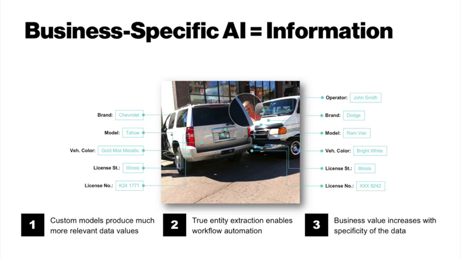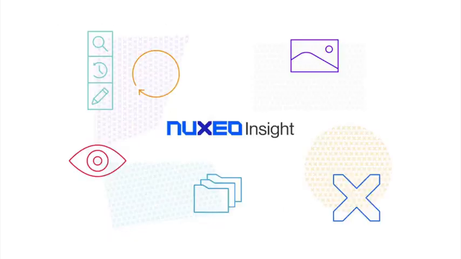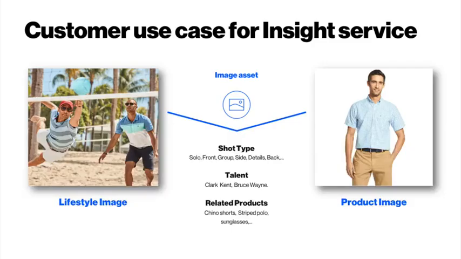At Nuxeo, our business-driven AI offering is called Nuxeo Insight. And just to give an example of the way we use this that helps enable and drive digital asset management for one of our customers: a multi-brand clothing company that owns many different high street brands of clothing.